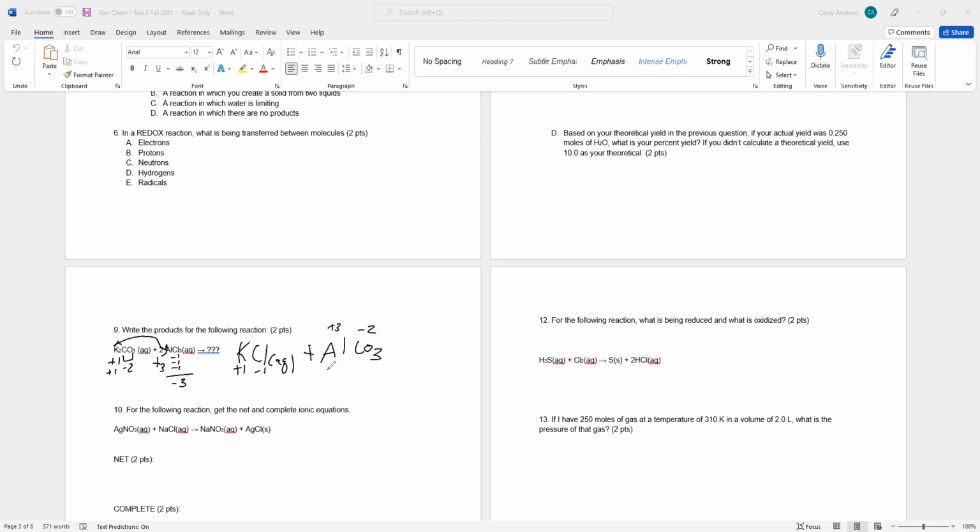So I have aluminum that's +3, CO3 that's -2. So to balance this, you just move your coefficients across. So this is Al2(CO3)3. And if you go to your solubility rules, CO3 is generally insoluble, so that should be a solid. So yeah, that's a solubility question.